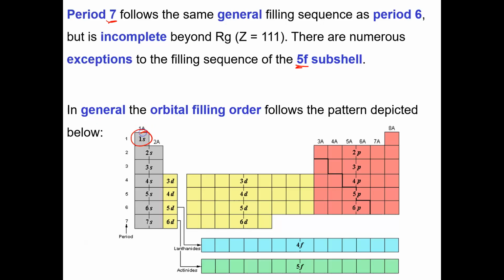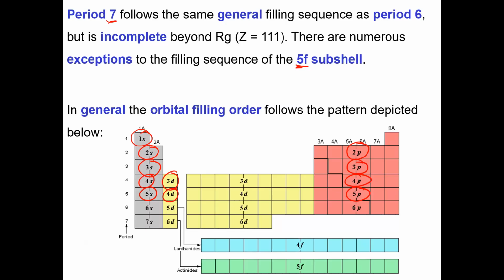In the first row, we're filling up a 1s subshell. In the second row, we're filling up a 2s and a 2p subshell. In the third row, we're filling up a 3s and 3p subshell. In the fourth row, we're filling up a 4s, a 3d, and a 4p subshell. In the fifth row, we're filling up a 5s, a 4d, and a 5p subshell.